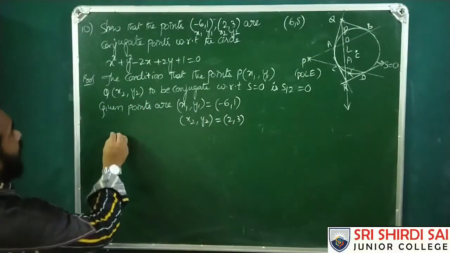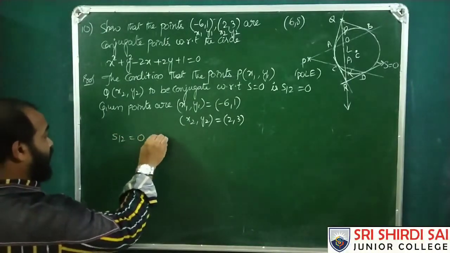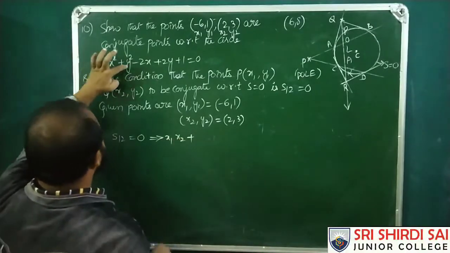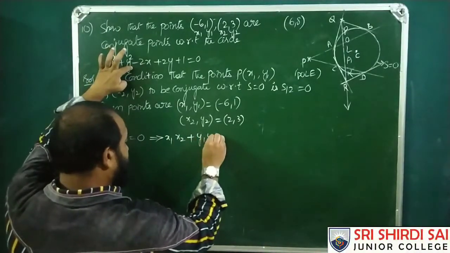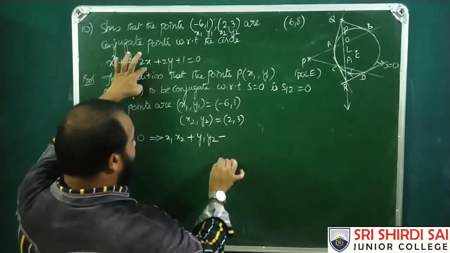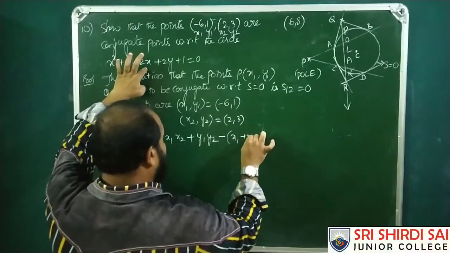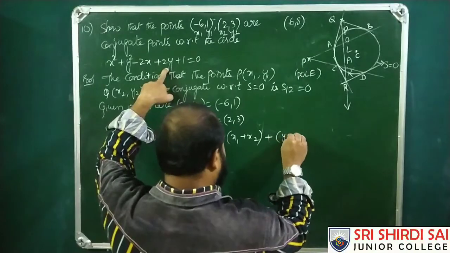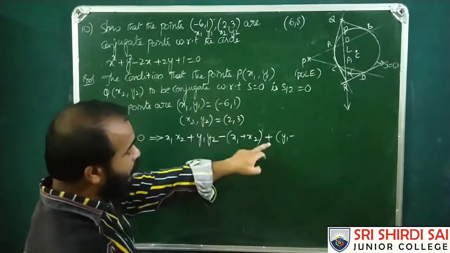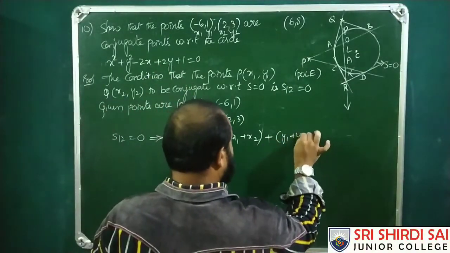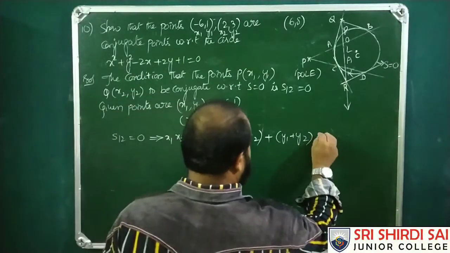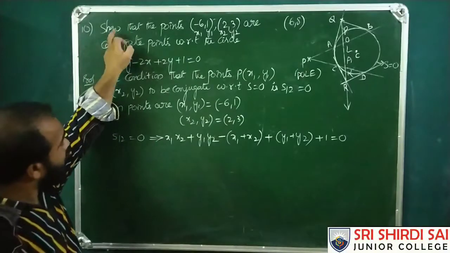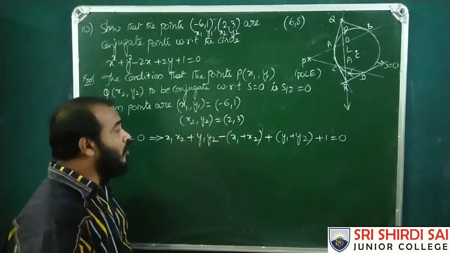So S12 equals to 0 implies x1 x2 plus y1 y2 minus of x1 plus x2, plus the coefficient of 2 is 1 into y1 plus y2, plus 1 equals to 0. So he is asking to show that these 2 points are conjugate points.